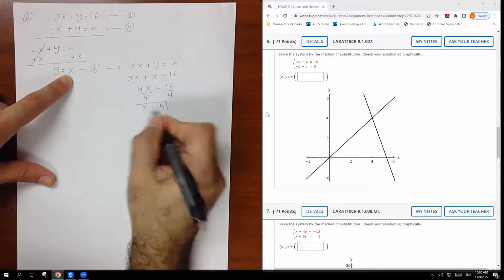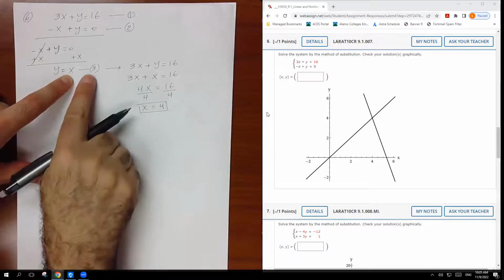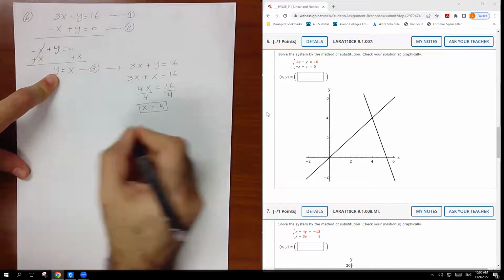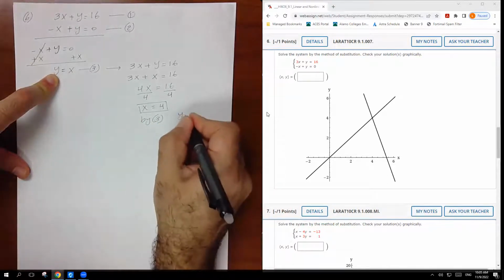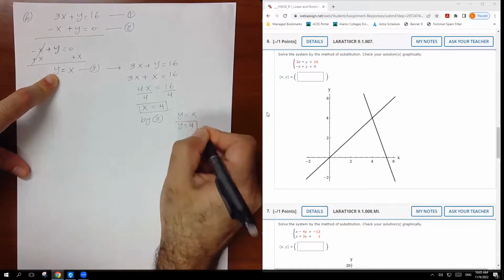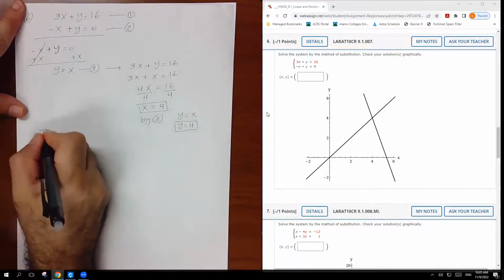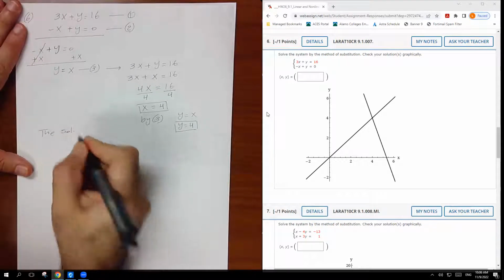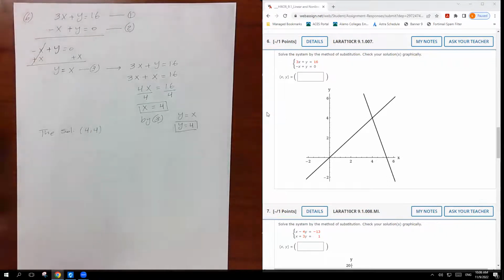So here is the value of x. Now I need to find the value of y. I'm going to plug into equation 3, where we have y equals x. That means y equals 4. So the solution for this system is 4 and 4, because x is 4 and y is 4.